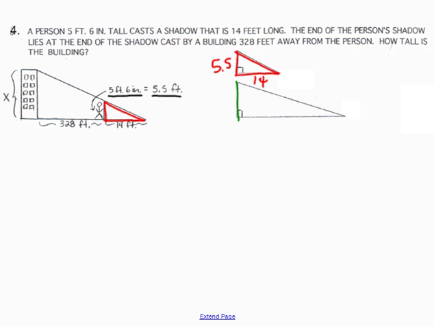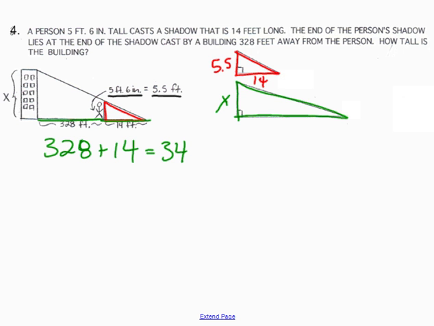Now we've got the big triangle. The height is x. And now the bottom is this distance plus this distance. So it's going to be 328 plus 14, which equals 342. Okay, so now we just have to set that up.